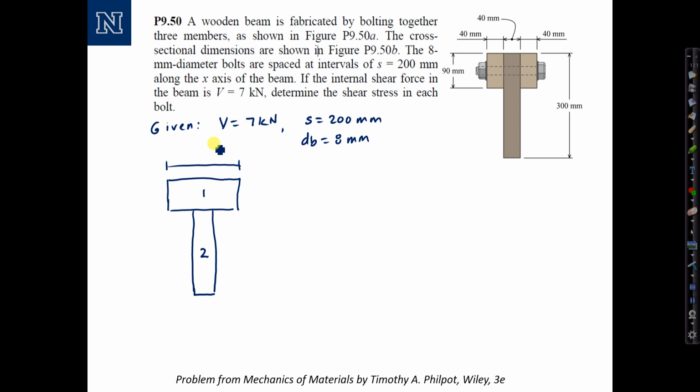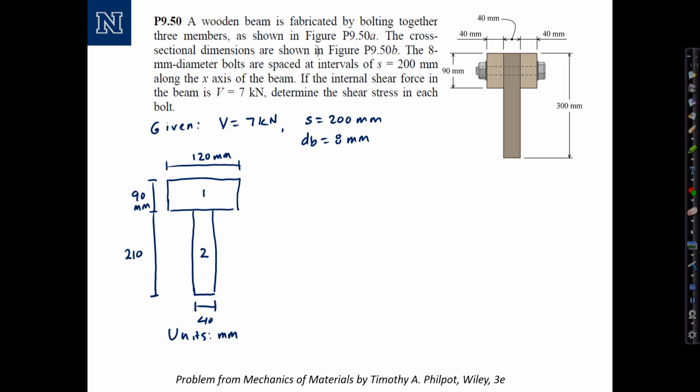Section 1 has a width of 120 millimeters, a depth of 90 millimeters. Section 2 has a width of 40 and a depth of 300 minus 90, or 210 millimeters. Let's just say units millimeters to save us a little bit of writing.